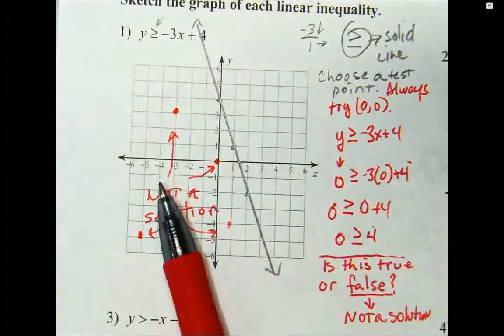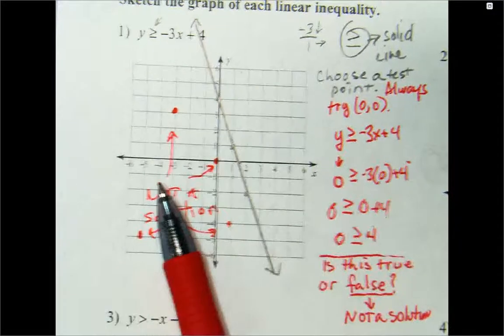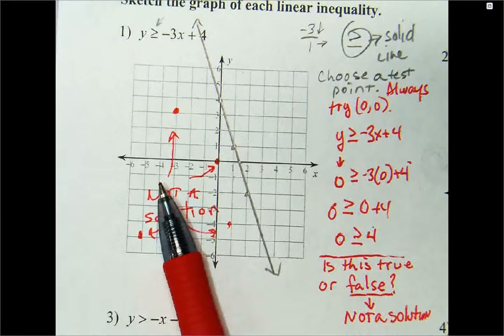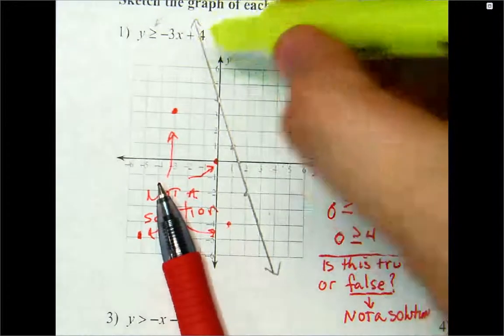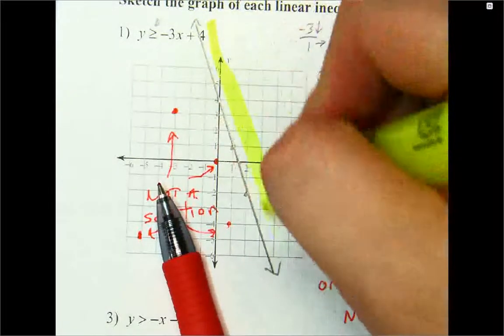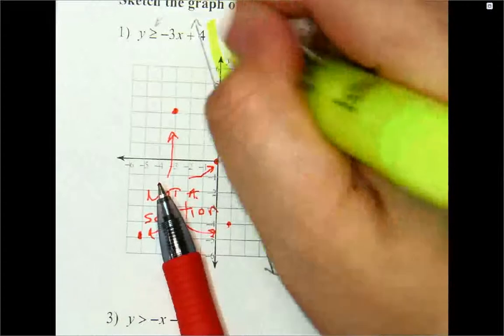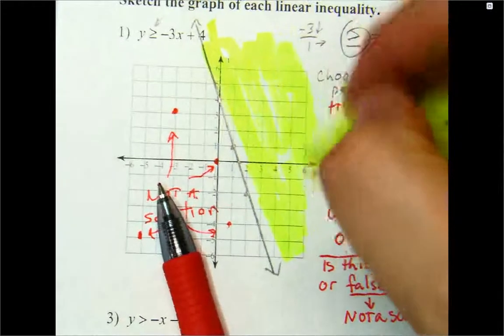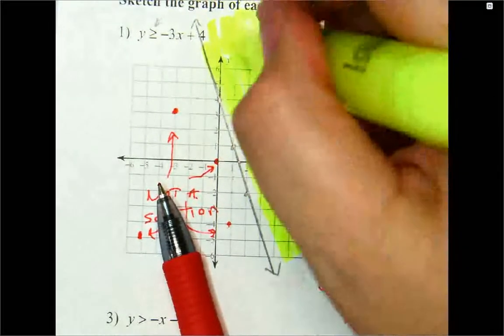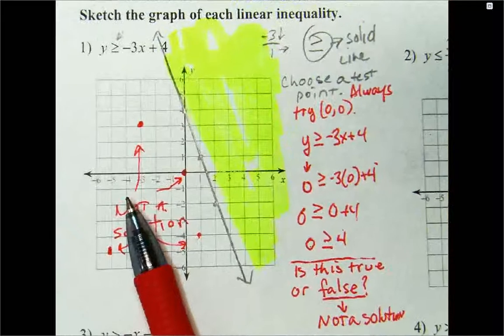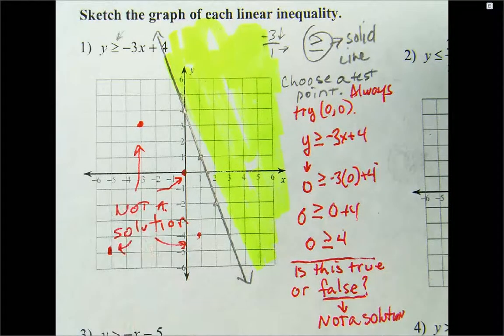So there are a couple different ways that you can shade this. And that's what you want to end up doing. You want to shade. If you have a highlighter, you'll end up shading on that side. If you don't have a highlighter, I would not recommend using your pen to just scribble in stuff.